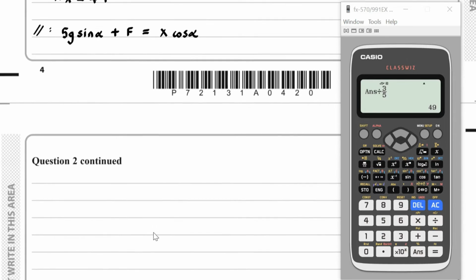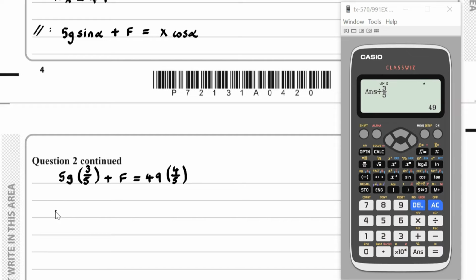And so we have 5g multiplied by 3/5 plus f, that's equal to x, which is 49, multiplied by cos alpha, which is 4/5.